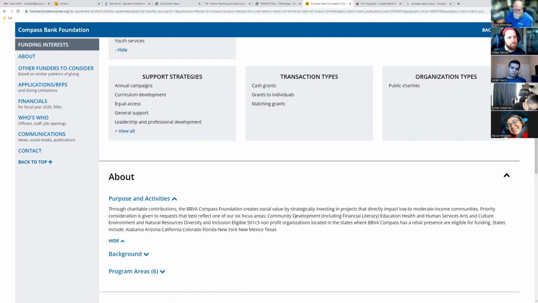Grants reflect our 6 focus areas: community development, education, health, human services, arts and culture, natural environmental resources. Eligible 501c3 nonprofit organizations located in states where BBVA Compass has a presence are eligible for funding. So that's why it was important to ask, is there a bank in Corpus? There's 3 locations.